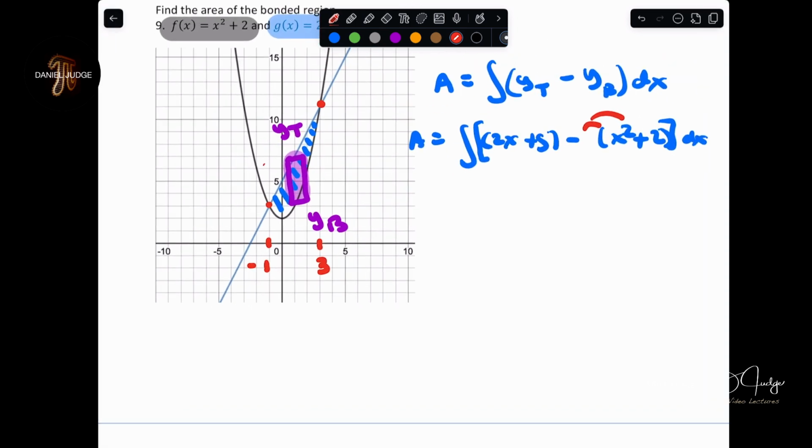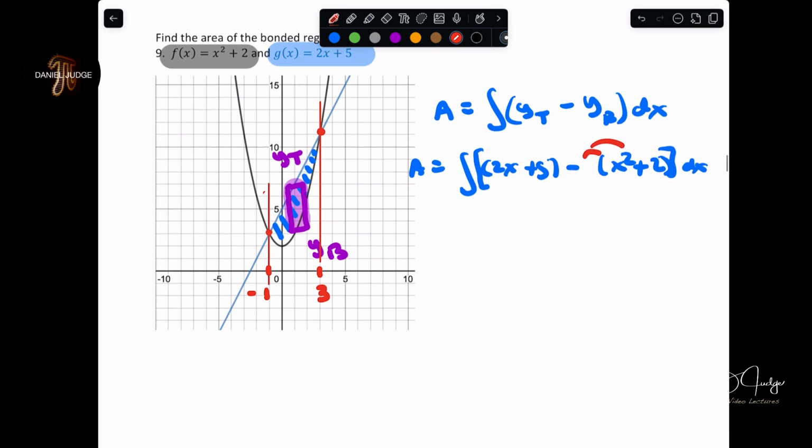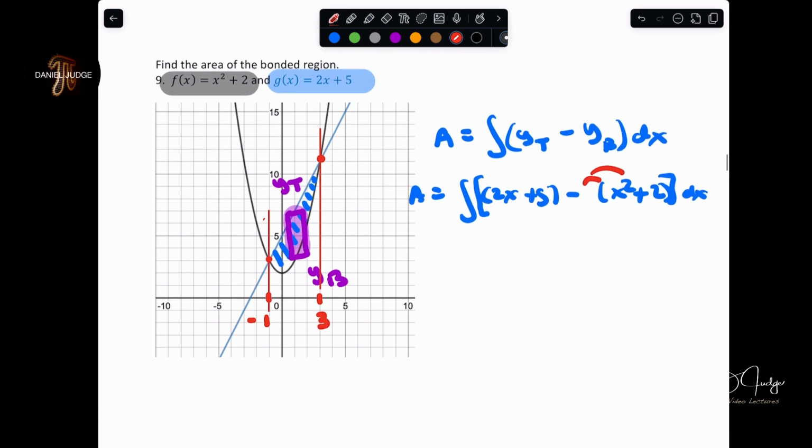So whoever wrote the question, not necessarily me, but whoever wrote these questions did it in such a way that these points of intersections can be found pretty easily. They can be found graphically just by looking at the picture.